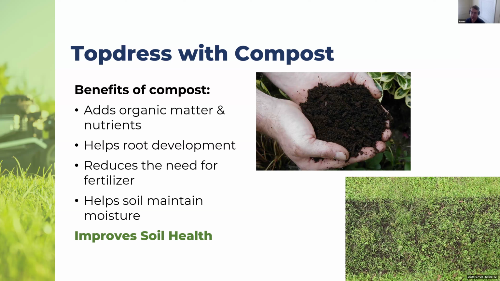Top dressing with compost and overseeding is a practice you probably want to perform pretty regularly, every 2 to 3 years, to keep building your soil and keep filling in spots with grass if any bare areas have popped up on your lawn.